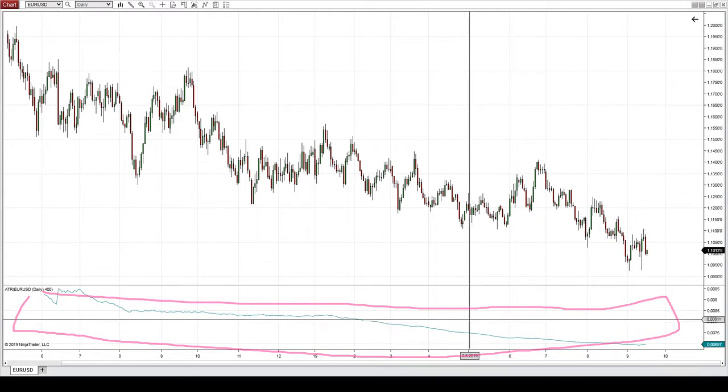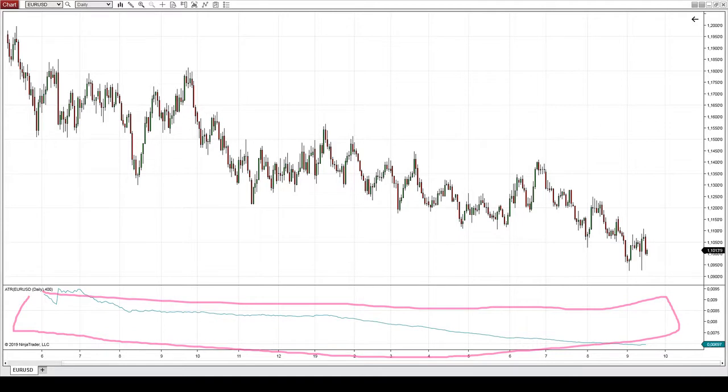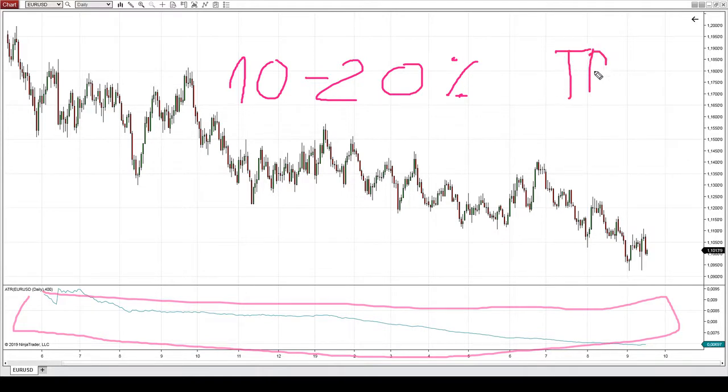And what I suggest is for intraday trading, you use 10 to 20% of the ATR, the average daily volatility, as your take profit and stop loss. So in here, the average daily volatility on the euro is 80 pips, and 10% of that is 8 pips.